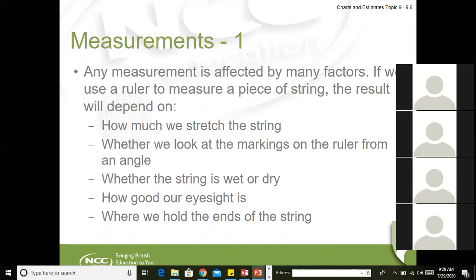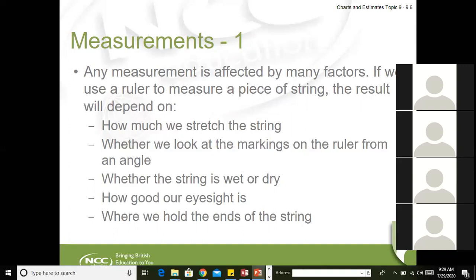If we use a ruler to measure a piece of string, the result will depend on how much we stretch the string, isn't it? Yes. Maybe you can stretch it, another one cannot stretch it so much, so the measurement will differ. So when you're measuring something, it depends on how you stretch it.